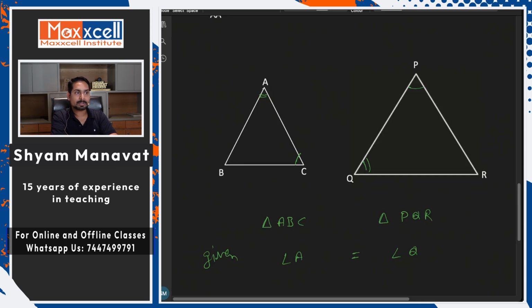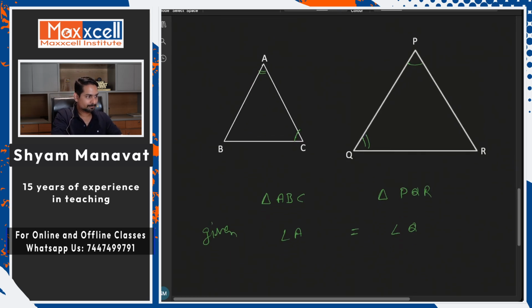The third corresponding angle will automatically be equal because the sum of all three angles is 180 degrees. So the remaining angle B should be 180 minus (A plus C). The remaining R will be 180 minus (P plus Q), and P and Q and A and C are equal, right? So obviously the third angle will be equal. Although we don't have to get into that kind of detail. I hope you understand that if two angles are equal, that is enough.